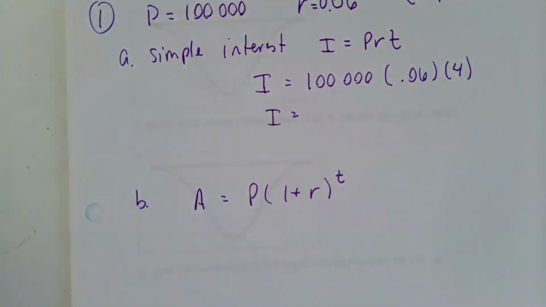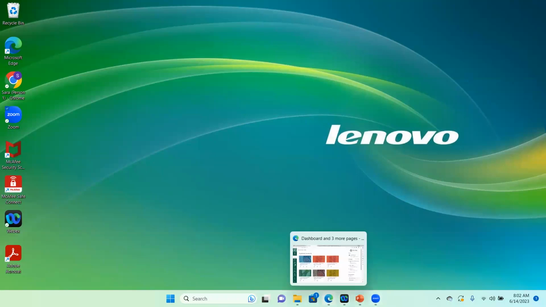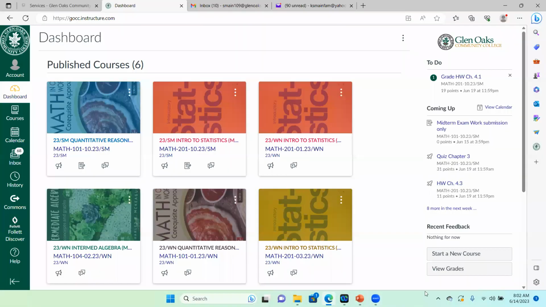Okay, so let's go ahead and go to Desmos. And you should have your Desmos open as well.